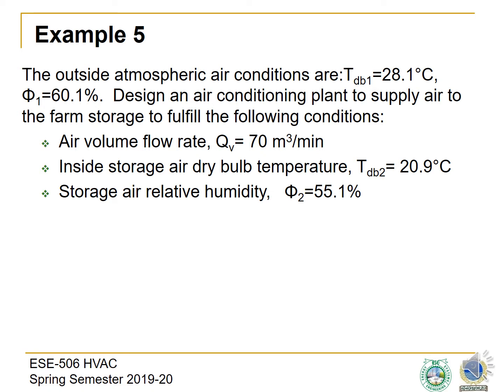Example 5. The outside atmospheric air conditions are dry bulb temperature 1 equal to 28.1 degrees Celsius and relative humidity 1 of 60.1%. Design an air conditioning plant to supply air to the farm storage to fulfill the following conditions.